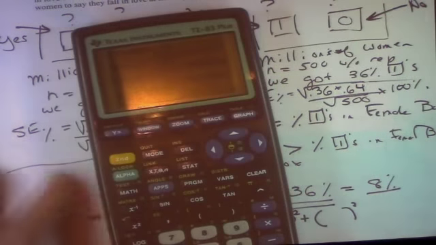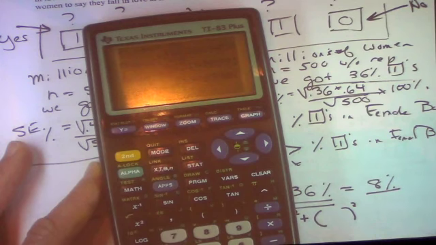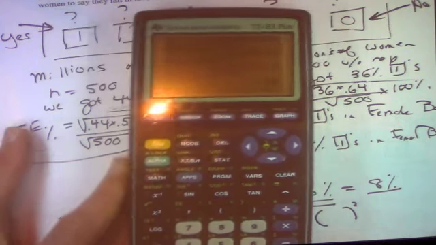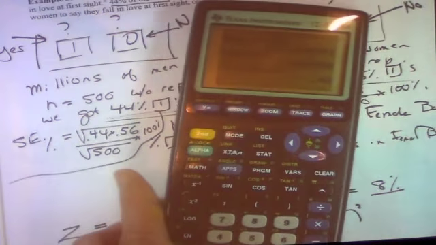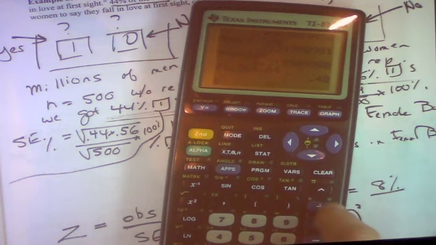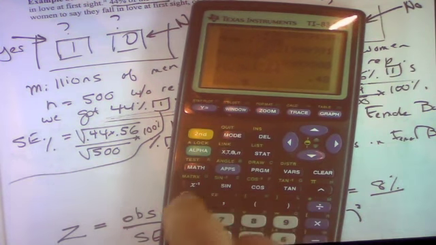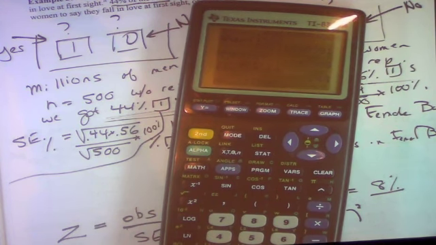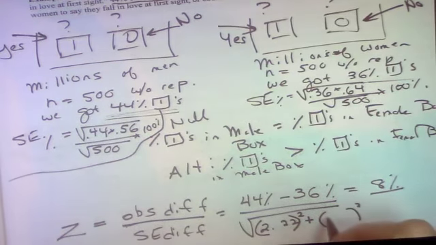How about the other one? I'll do 0.36 times 0.64. Let's just make sure that looks good. 0.48. Can you see this? Oh, thanks. Divided by, we went this far, square root of 500. Yep. Times 100. Yep. 2.15. Okay.